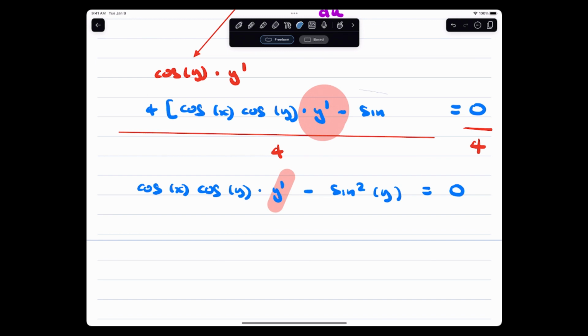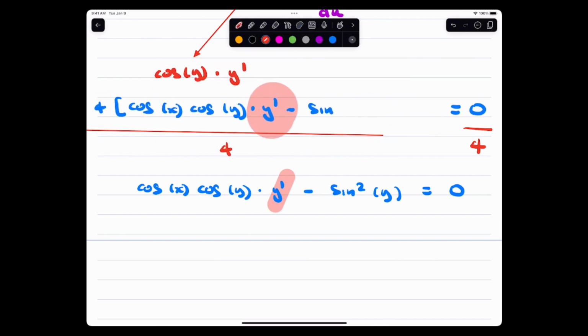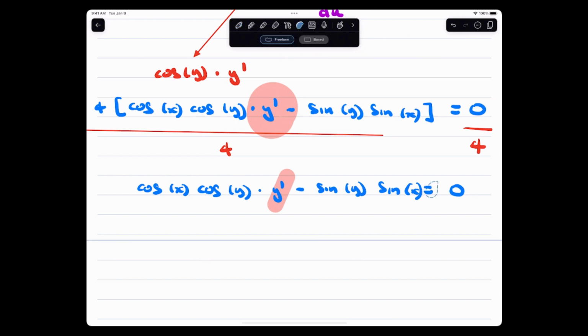Okay, let's do that here. So this would be minus sine y sine x. Okay, you are correct. It looks like I was eager to do the other derivative first.